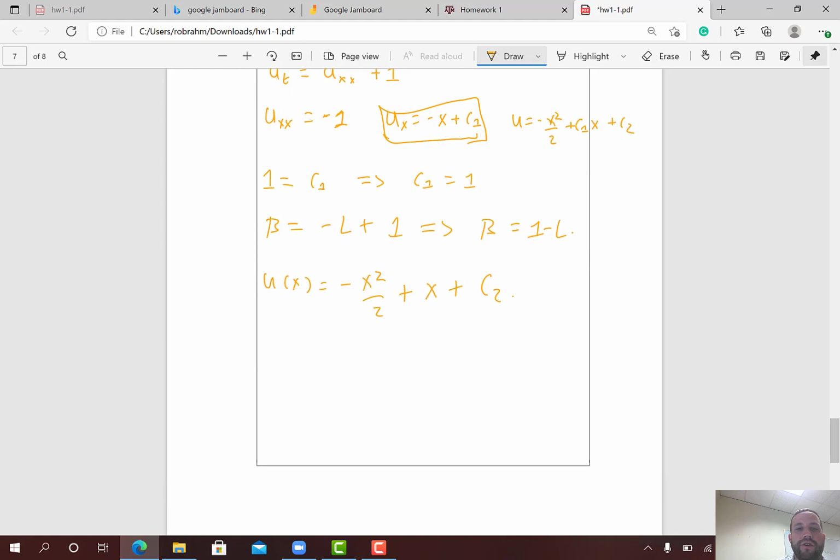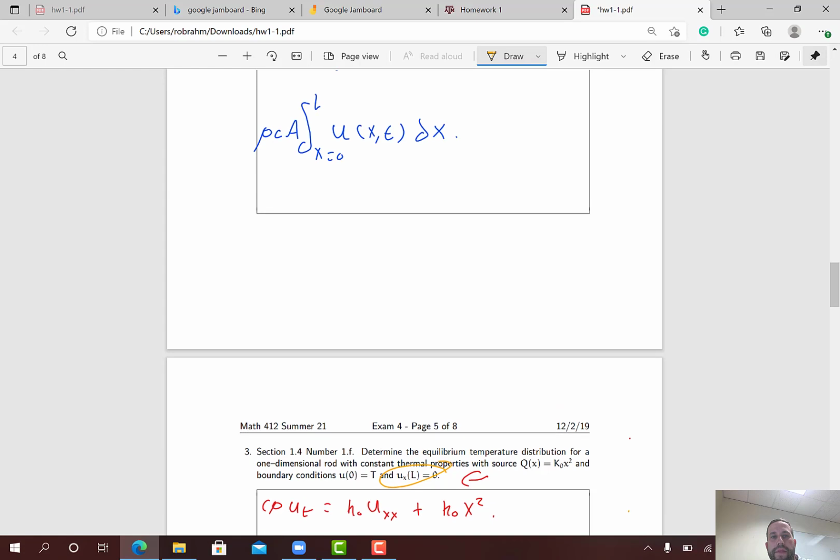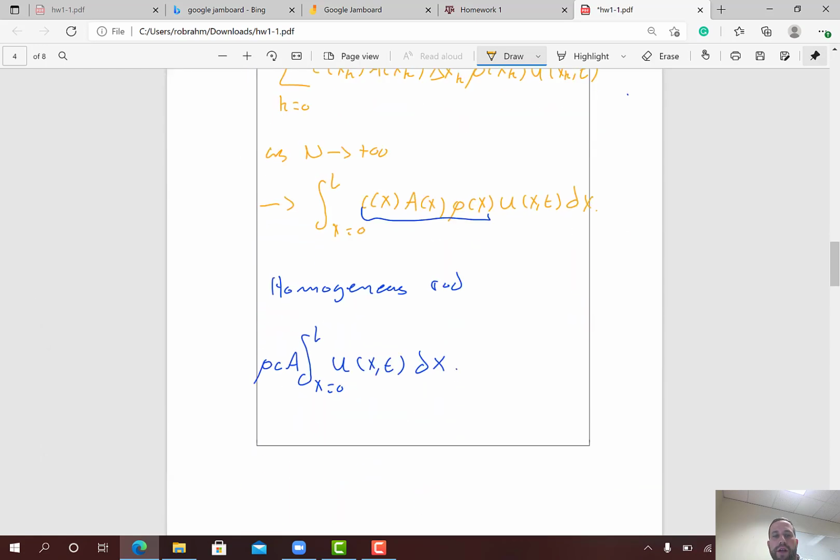So what we want to do is show that the total temperature or the total energy in the rod is constant. Okay, and we're going to do this in the following way. We're going to use the work that we did before in problem 2 here.